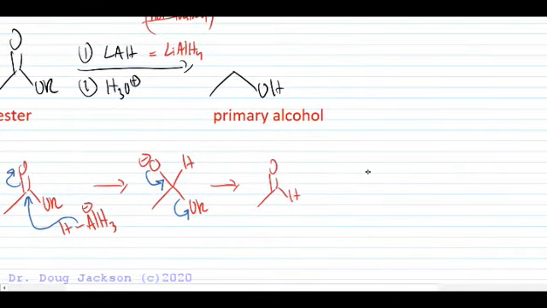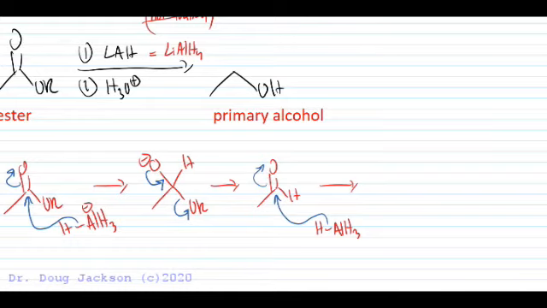Okay, but aldehydes react faster than esters do. And so what we'll see is before all the ester can react, we're going to add an equivalent here to the aldehyde, forming another tetrahedral intermediate with no good leaving group. So we get stuck at this primary carbon. And then step 2 is adding hydronium, step 2 of the reaction.